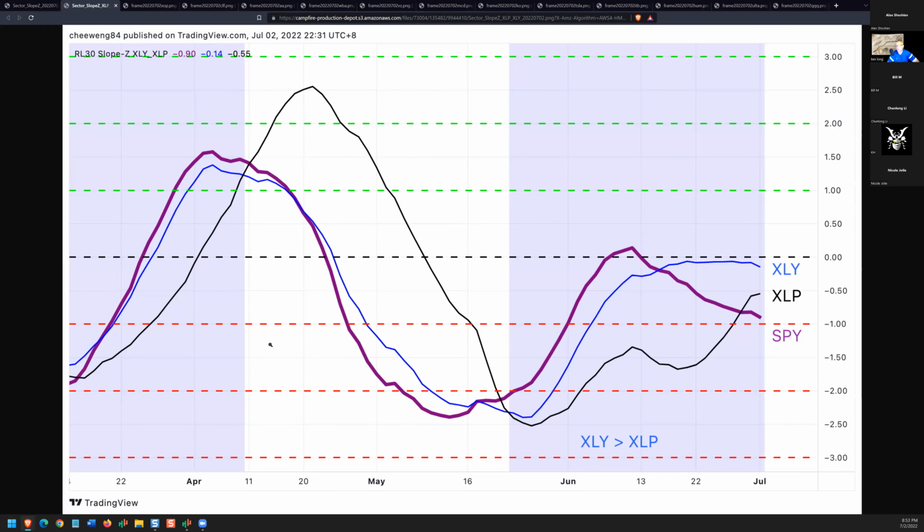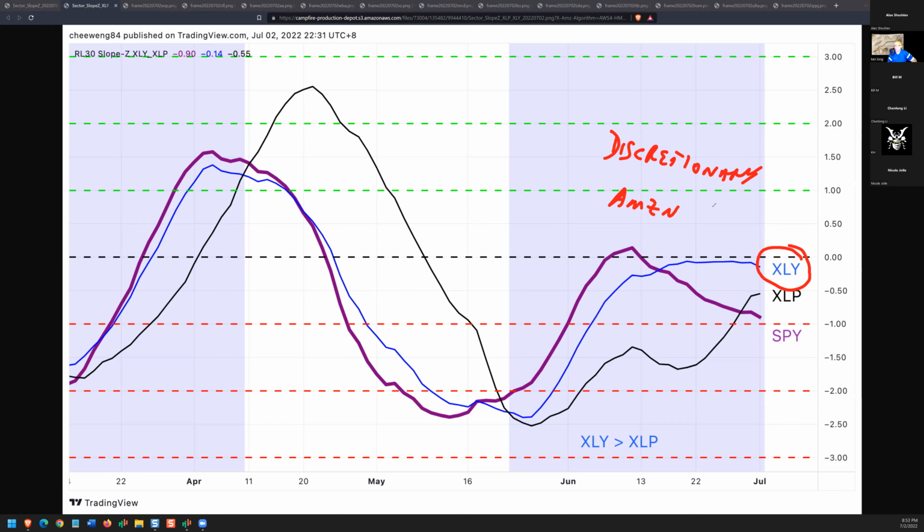This is the same concept, only now we're taking a slightly different approach. What we're looking at is XLY, the consumer discretionary. This one happens to have, I think, Amazon, Home Depot, and Tesla in it.